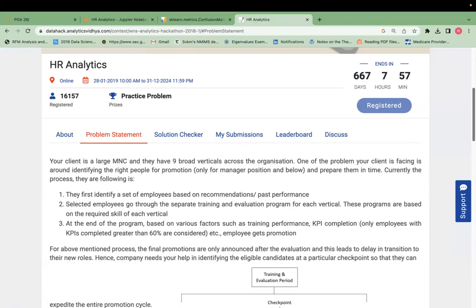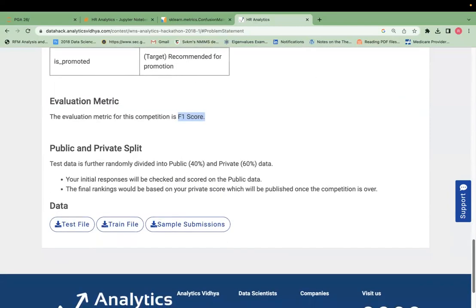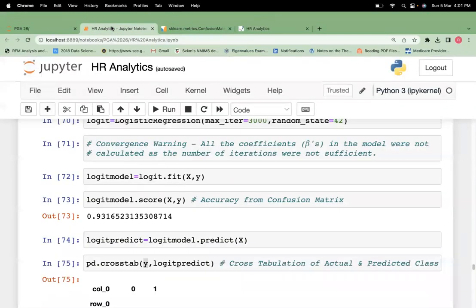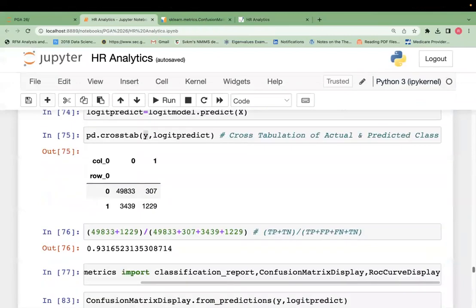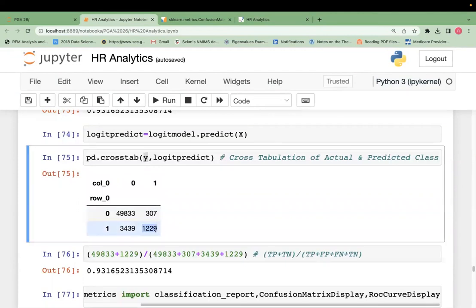This is used constantly in companies to find what type of employees are getting promoted. Based on that, we built a logistic regression model. But the problem is, this is our area of interest: the ones, the class 1 is the area of interest, but that is being predicted wrong.